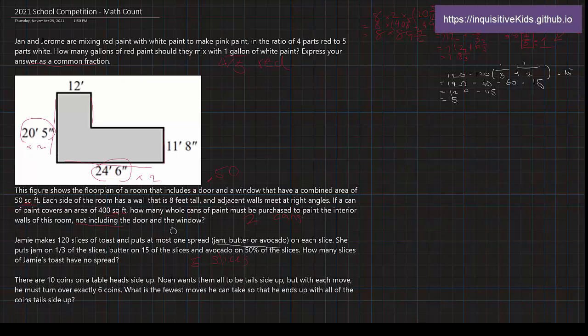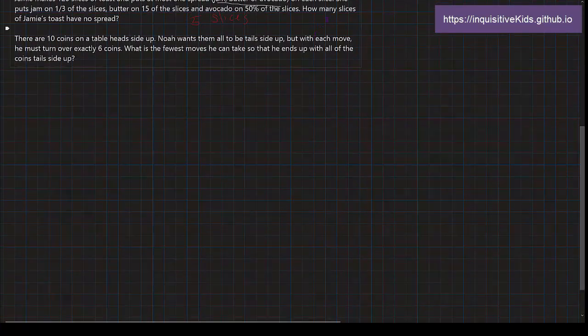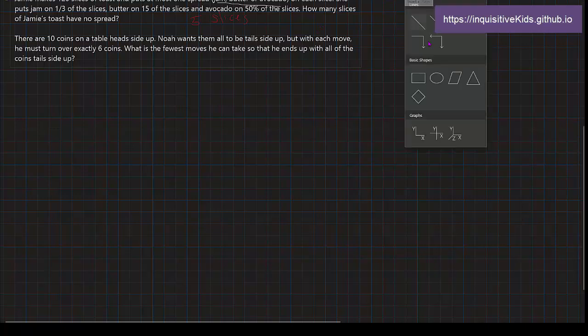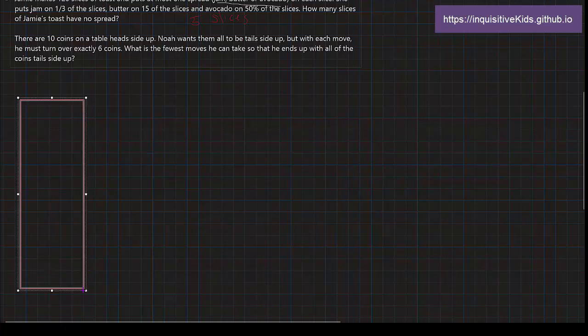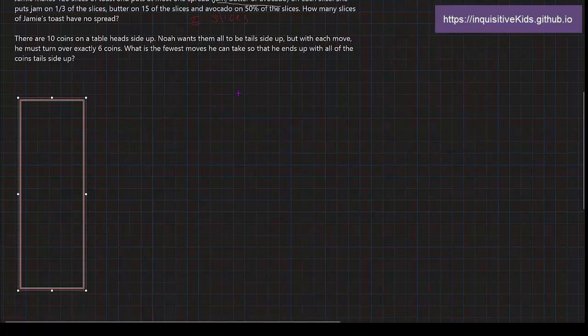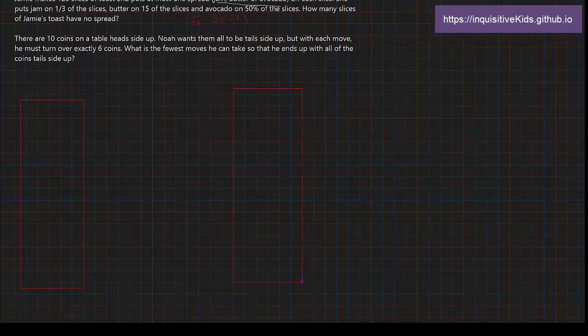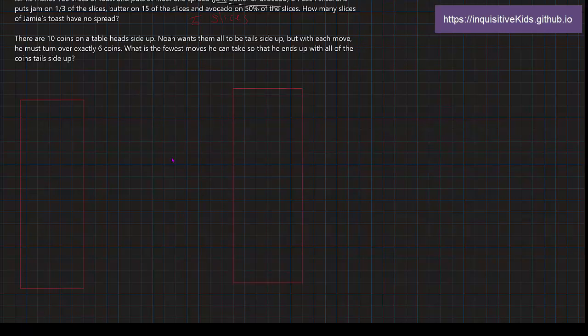So the key to solving this problem right here is to first just draw a picture. Just draw a picture. So here's what I mean. I'll draw 2 rectangles there and there. One I'm going to draw H and another one I'm going to draw a T, which means heads and tails.